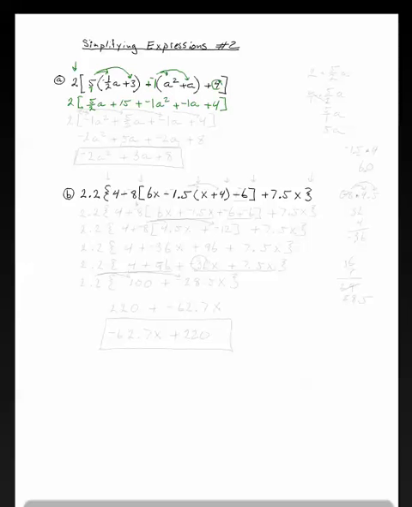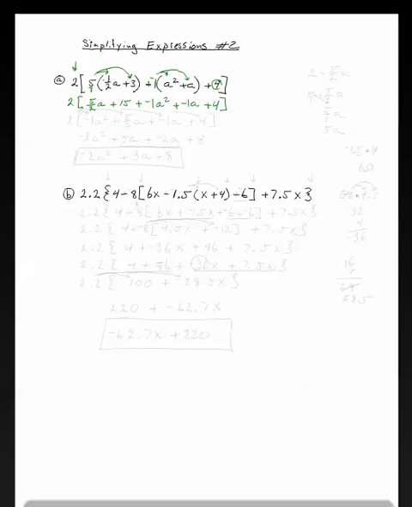Alright, now at this stage we could distribute the 2 if we wanted to, but it's going to be easier really if we combine like terms first, then we'll have less distribution to do. So I am going to reorder the expression inside the brackets by what's called descending order of degree. So I'll start with the largest exponent on a variable term.